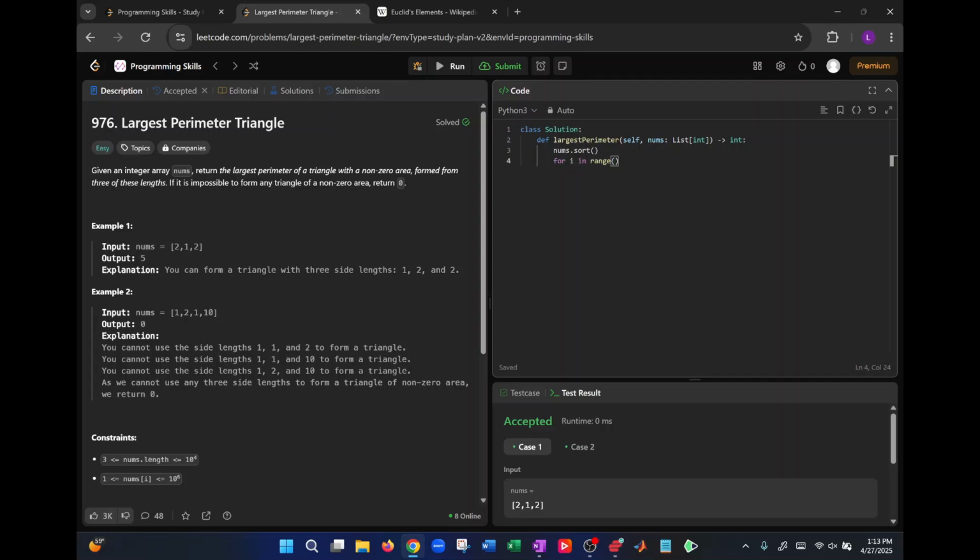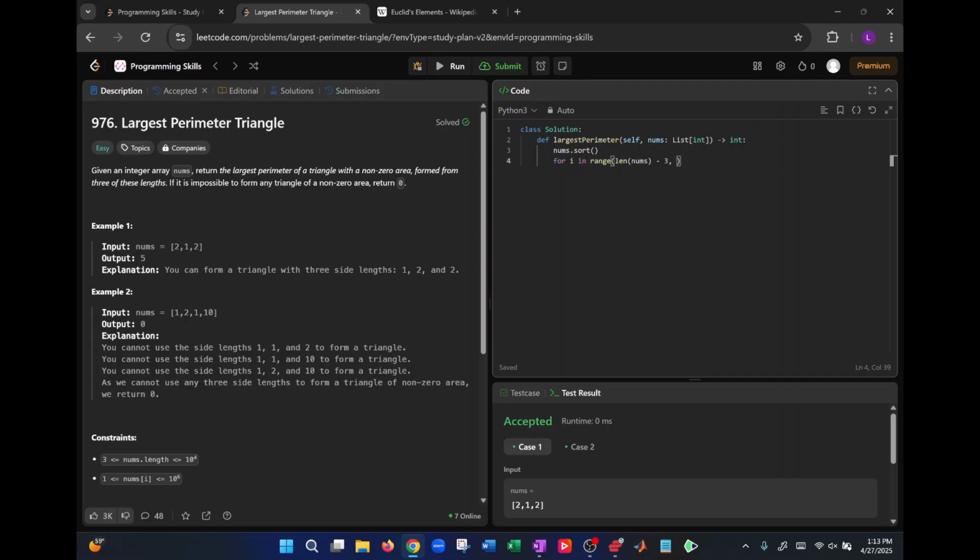And then if we want to consider a trio of indices that ends with that, then the middle one would be index length of nums minus 2, and the first one would be length of nums minus 3. So length of nums minus 3 is where we're going to start.